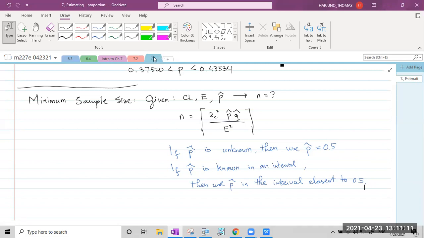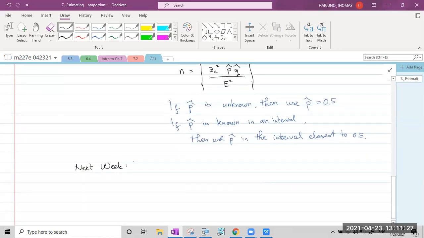This is what we'll do next week. Next week, we will do 7.1b, and then 7.3, and then Bayes' theorem.